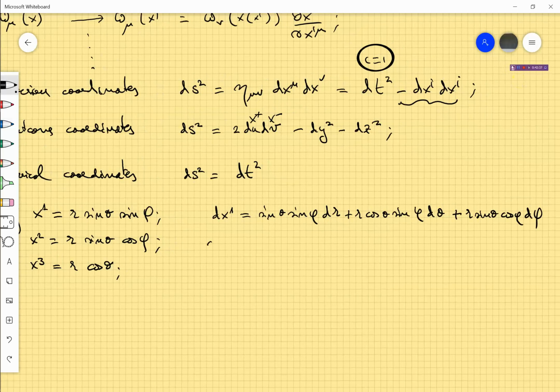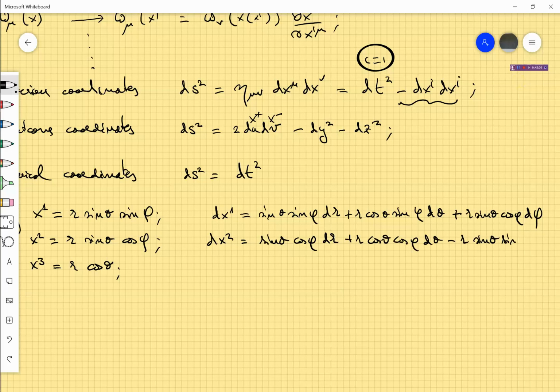I do the same for dx2, so I get similar expressions: sine theta cosine phi dr plus r cosine theta cosine phi d theta minus r sine theta sine phi d phi.